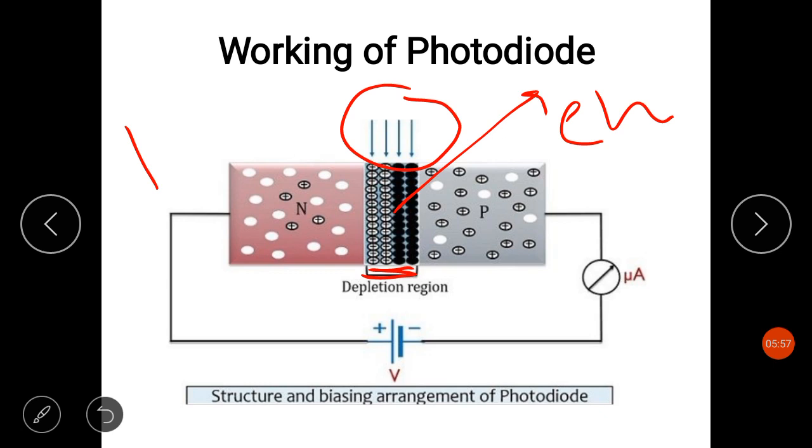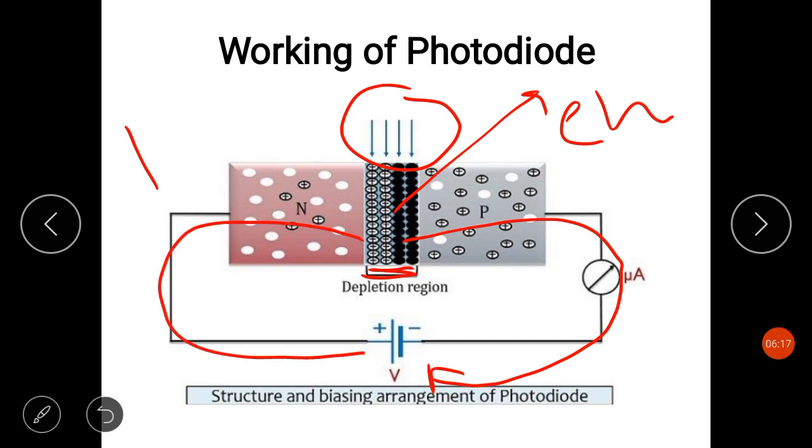At the depletion region, the electron hole pairs so generated get separated, that is, the electron gets attracted towards the positive potential of the battery and the hole gets attracted towards the negative potential of the battery. So this movement of electron holes generated in the depletion region generates a high reverse saturation current through the device.